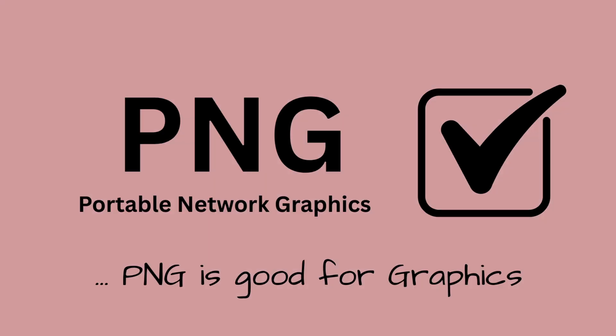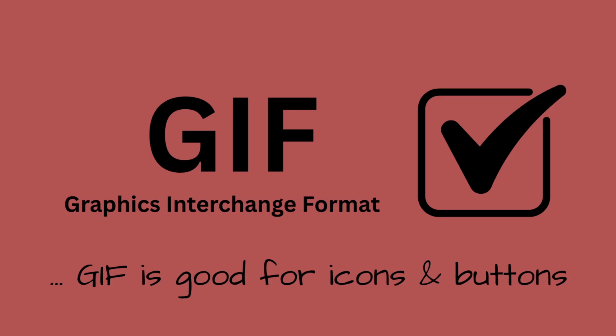Then the second option is PNG. The PNG are best suited for images with transparent backgrounds or with sharp edges, such as logos or graphics. They are noiseless images, which means they do not lose quality when they are compressed. And then the third image format is the GIF, the Graphics Interchange Format.